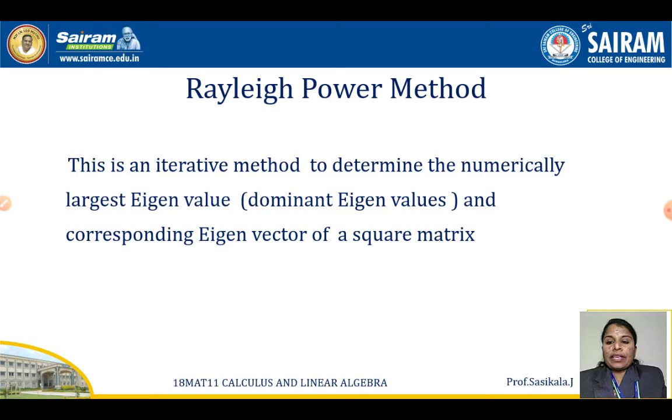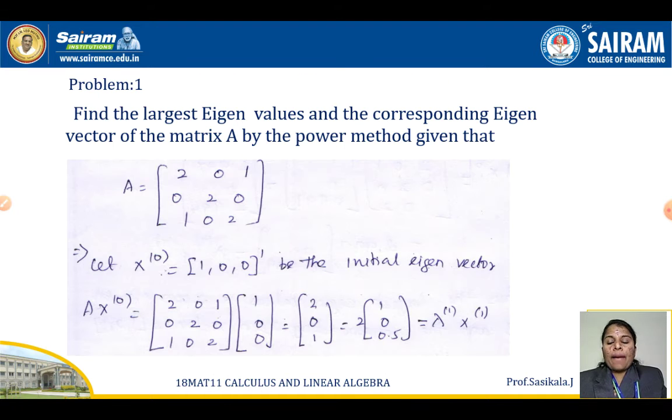Basically it is an iterative method to determine the numerically largest, dominant eigenvalue and the corresponding eigenvector of a square matrix. We will see an example to understand Rayleigh's power method.